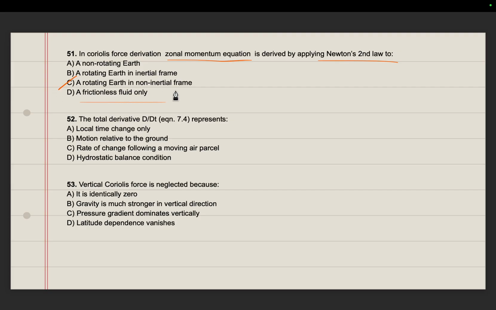The total derivative, d/dt, was written.